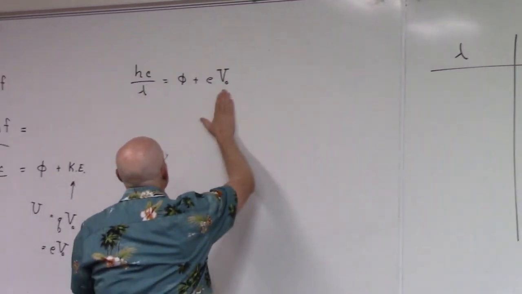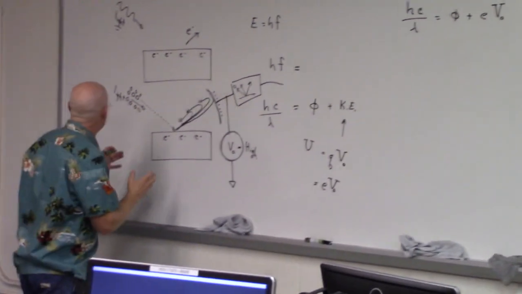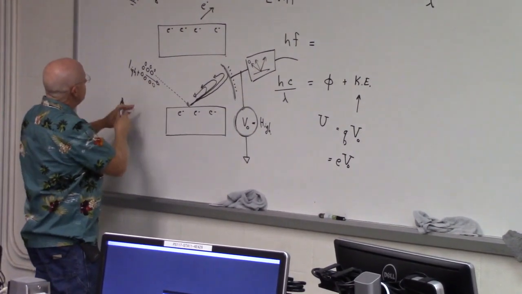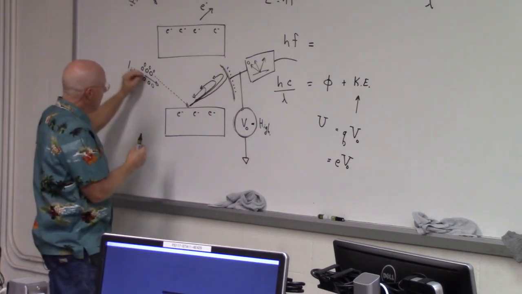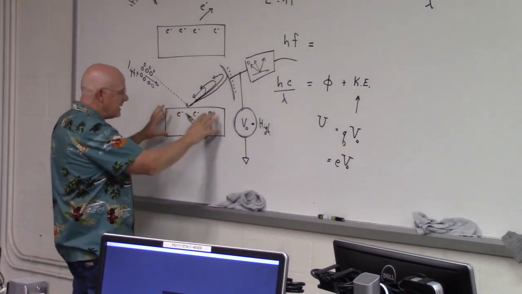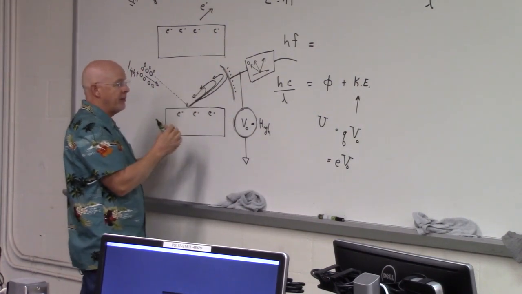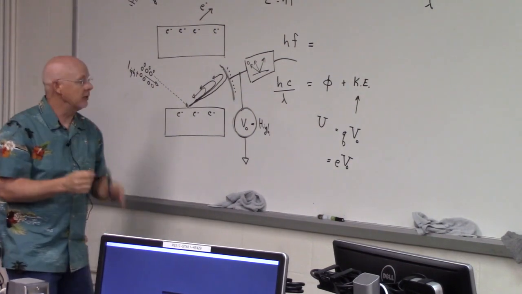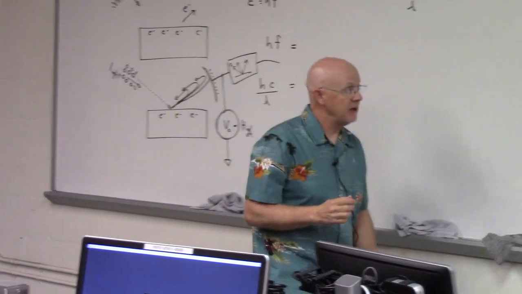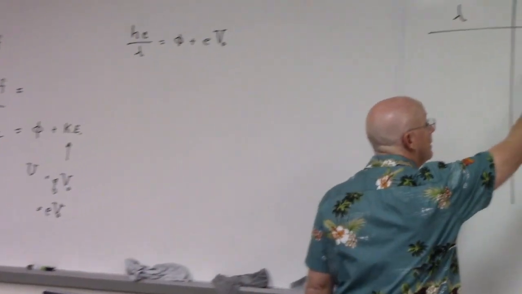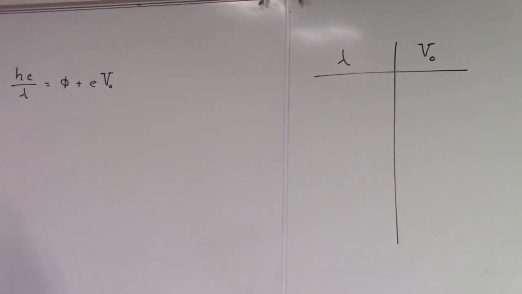If I start here with the violet, which will be our most energetic photons, they'll come in, they'll hit, and I believe our material is cesium, and it will eject electrons with a lot of kinetic energy. And so my stopping voltage will be on the high side, and I'll need that high voltage to stop those ejected electrons.